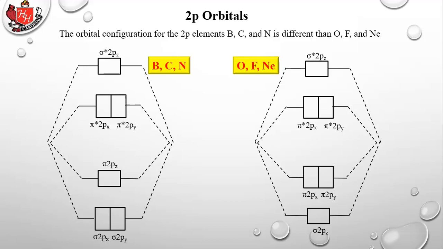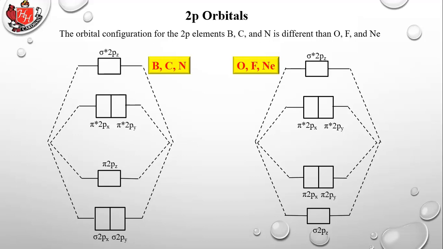So don't worry too much about the sigma 2px, sigma 2py, pi 2pz. Just understand the energy levels. I would ask you to memorize those. And what you got to understand is that each of those boxes, each of those squares can hold 2 electrons, just like with the Aufbau, an up arrow and a down arrow.